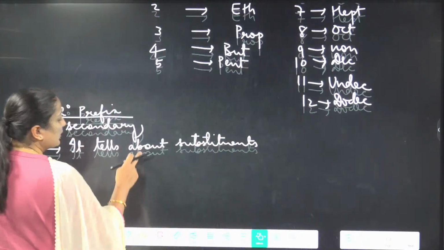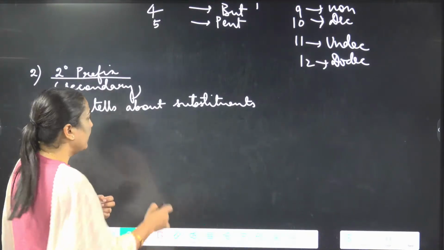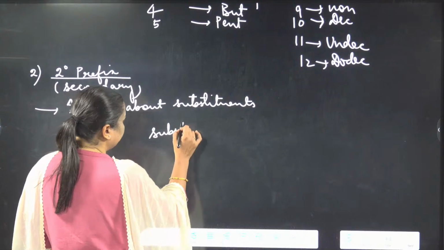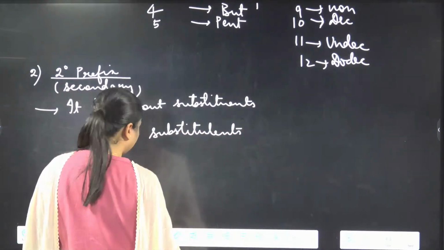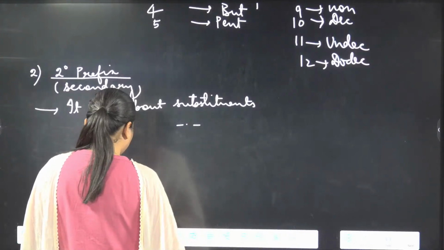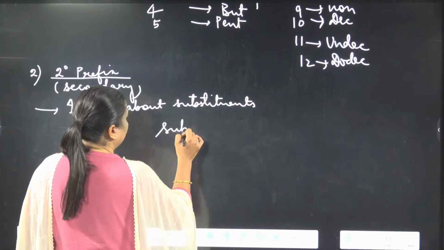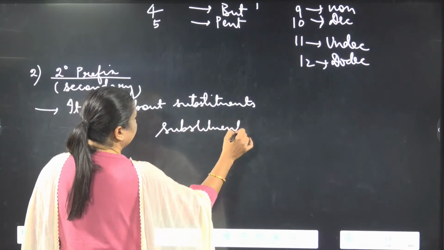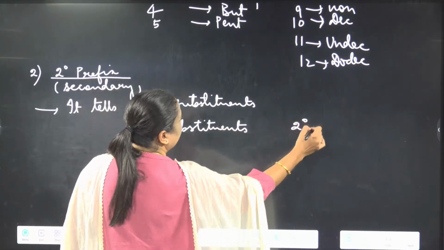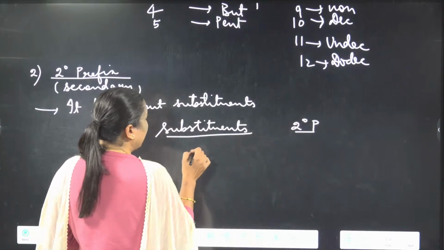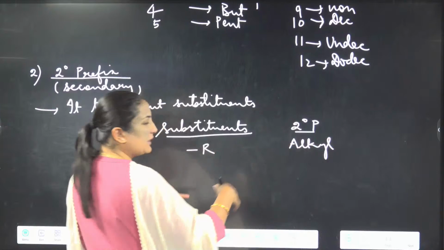There are certain groups which are always acting as substituents, right? So there are 2-degree prefixes. Suppose I am having R, so it is going to be alkyl, that means methyl, ethyl, like that.